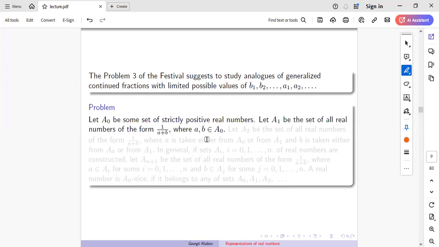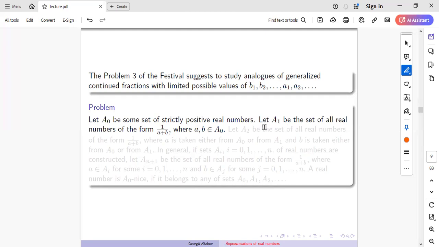Then we take all possible numbers a and b from A0 and form numbers 1 over a plus b. The set of all such possible numbers is denoted as A1.